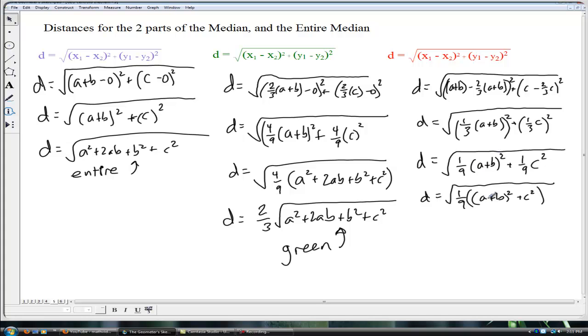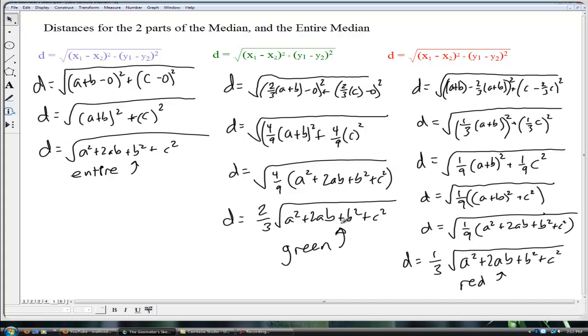Now I have 1/9 of (a plus b) squared plus c squared. And we had (a plus b) squared plus c squared in each, so I end up with the square root of 1/9 times (a squared plus 2ab plus b squared plus c squared). 1/9 is also a perfect square. If I take the square root of it, I get 1/3. This is the distance of the red segment, the green one, and the entire one.